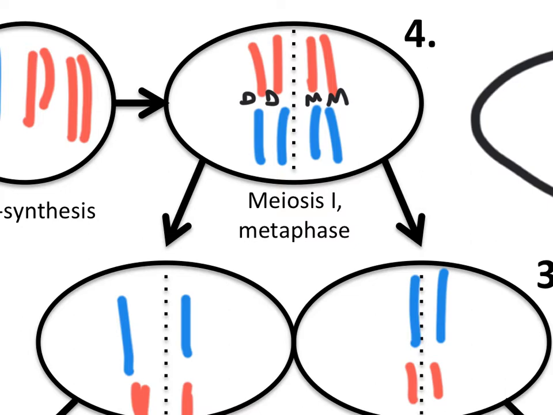The red chromosomes are lined up with dad's 2 copies on the left side, mom's 2 copies on the right side. What happens on the bottom? Somebody tell me. Make a prediction. It would be the same as the red. So they could be the same as the red.